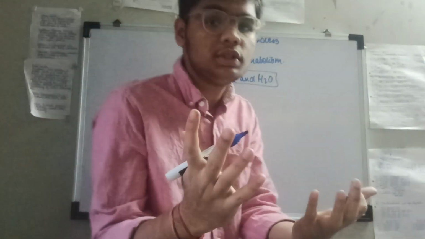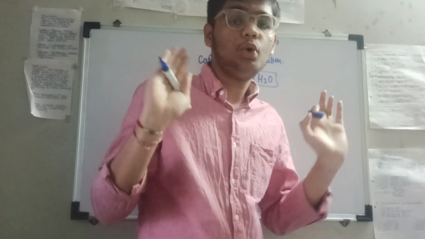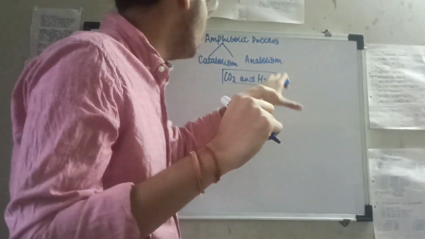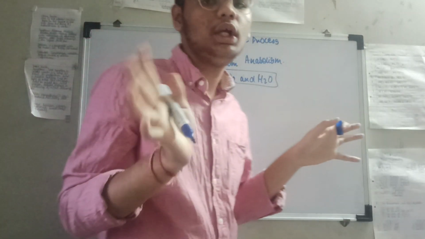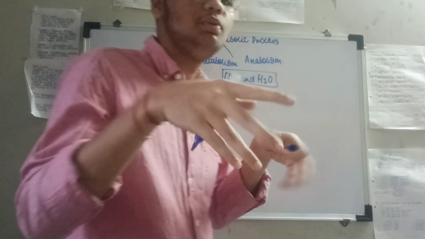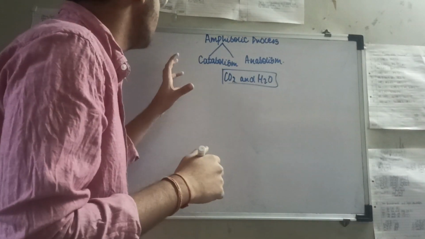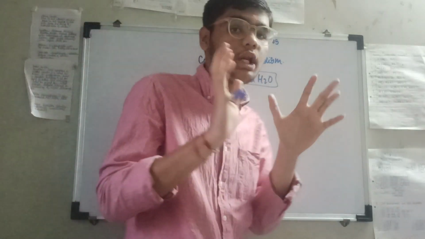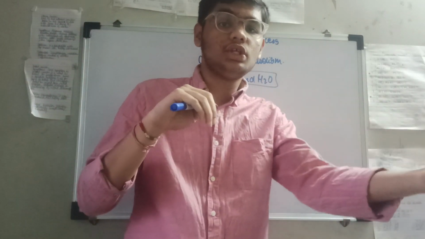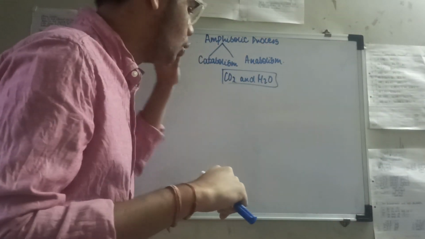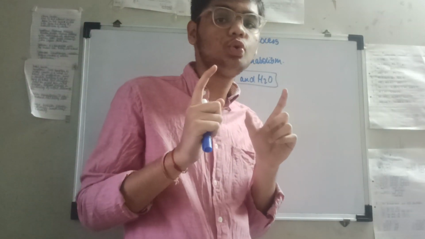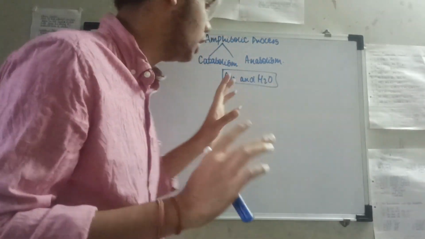Now, anabolism means building up. So we didn't see any anabolic process taking place here. In the NCERT, the Krebs cycle is only restricted to glucose, that is, carbohydrate we have to take.